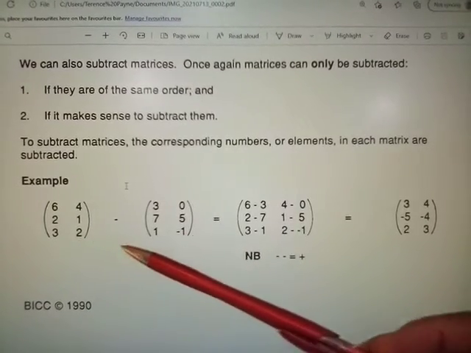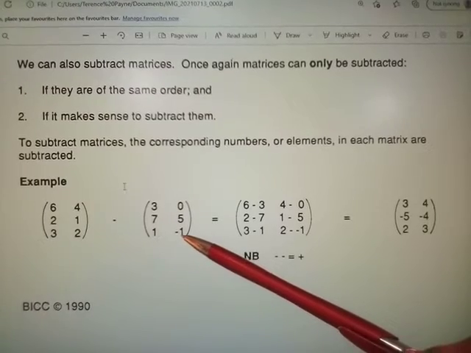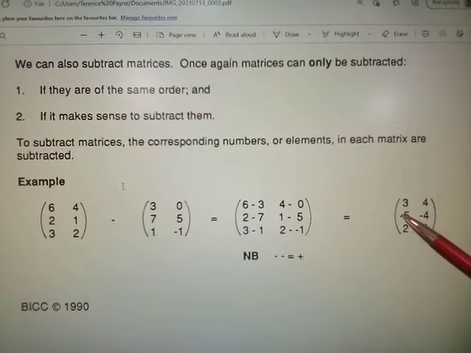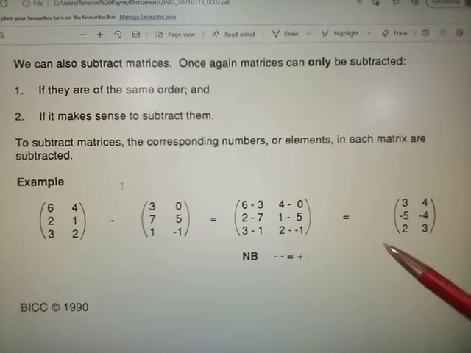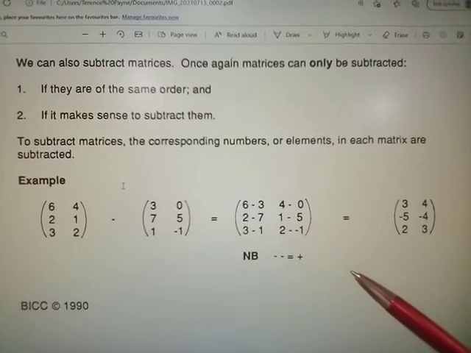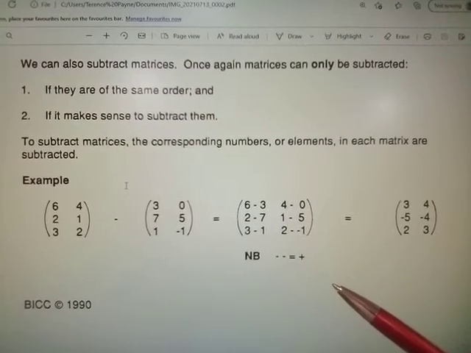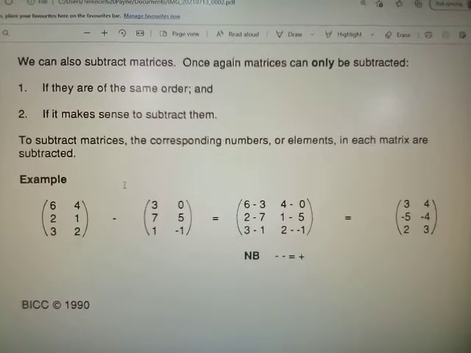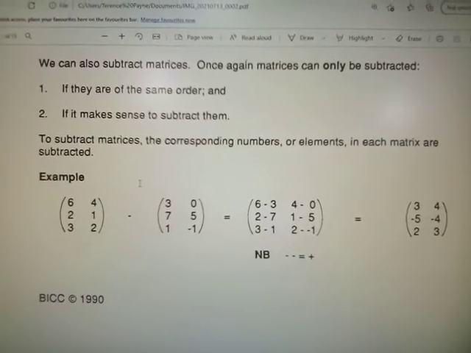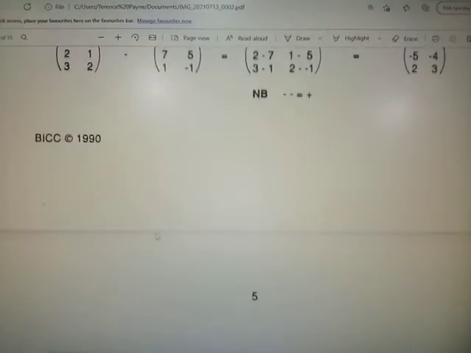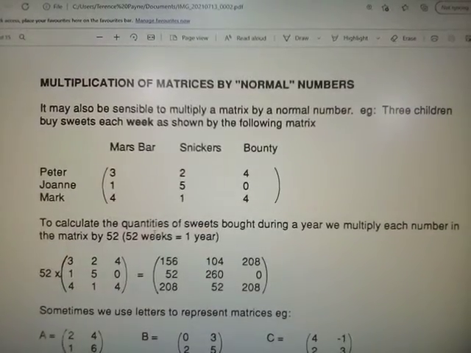Now because this is a minus here, a minus and a minus makes a plus, so that will end up at a 3 at this end. That is why we have a 3 here, and you will get a minus 5 in regards to 2 minus 7. Okay. Now make sure you write these out for yourself so you can understand the concepts behind it. I'm doing it on a screen. Okay.